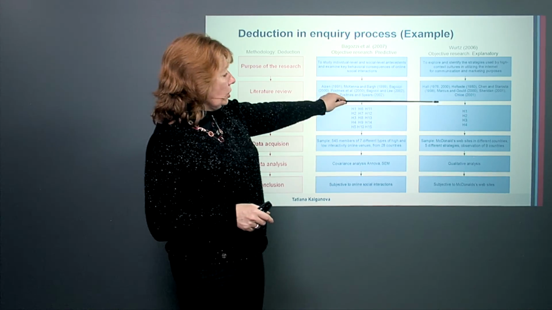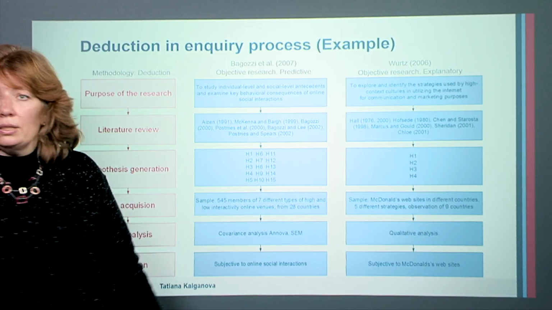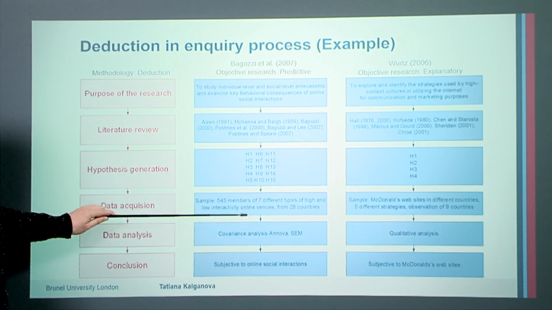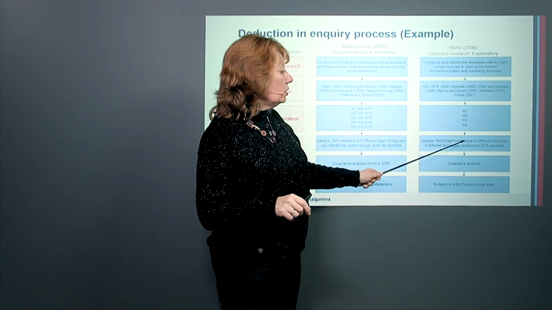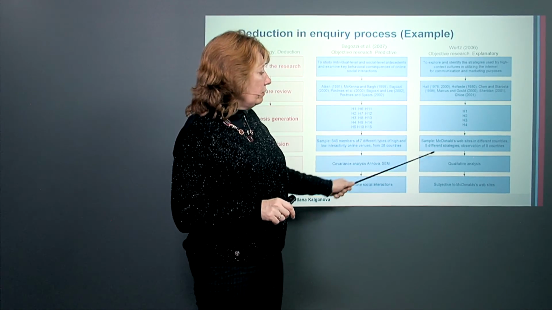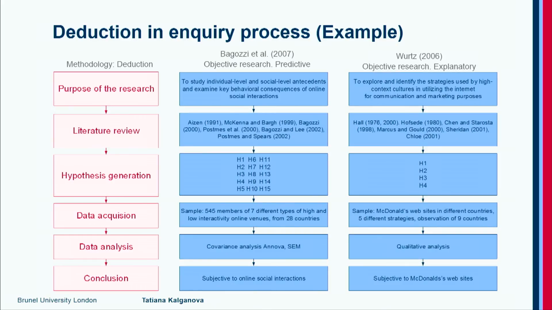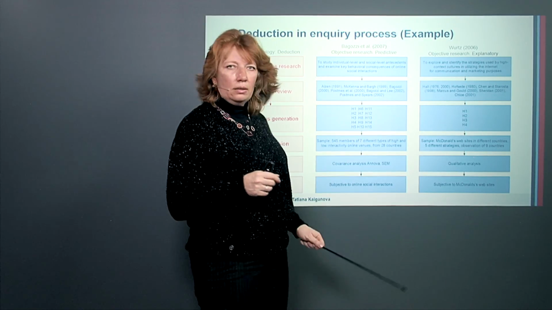As a result of literature review, we have research questions that have been generated and a number of hypotheses. In this particular case, 4 hypotheses have been defined. When we start to look at the data acquisition process, the authors concentrated on McDonald's websites in different countries, 5 different strategies, observation of 9 countries. Basically, when the authors were constructing the data acquisition process, they were trying to eliminate the main subjectivity elements regarding the McDonald's websites.